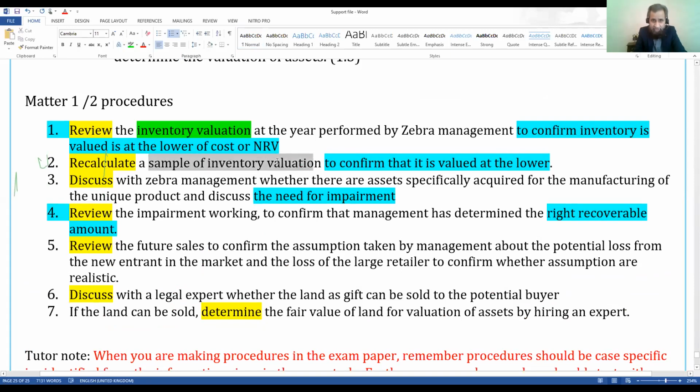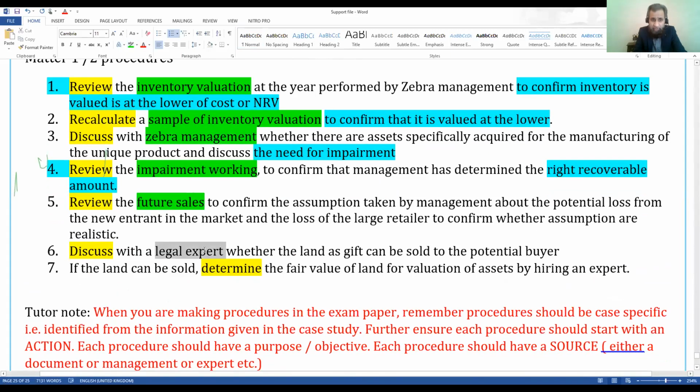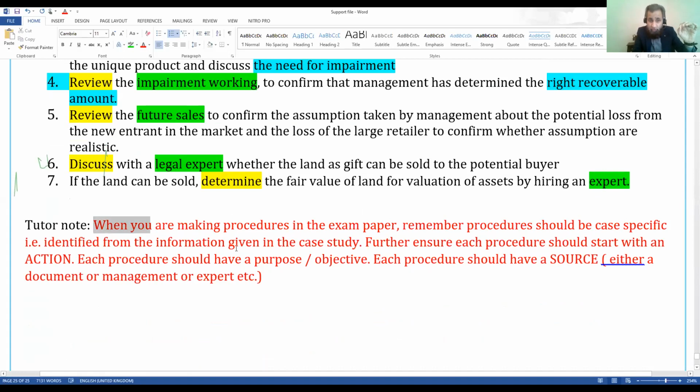A sample of inventory valuation is the source. Discuss with Zebra management. So Zebra management is the source. Review the impairment working. The impairment working is the source. Review the future sales. So future sales is the source. Discuss with the legal expert. The legal expert is the source. If the land can be sold, determine the fair value of the land by hiring an expert. Expert is the source. So look at this. Every procedure has a yellow, has a green, has a blue. That is how you make a procedure.